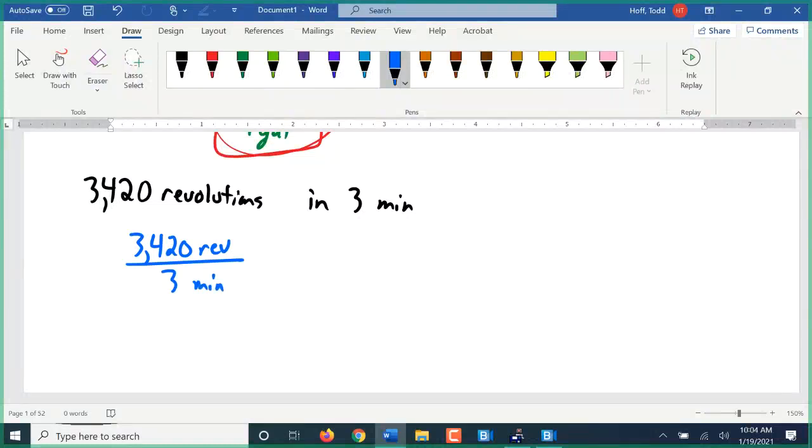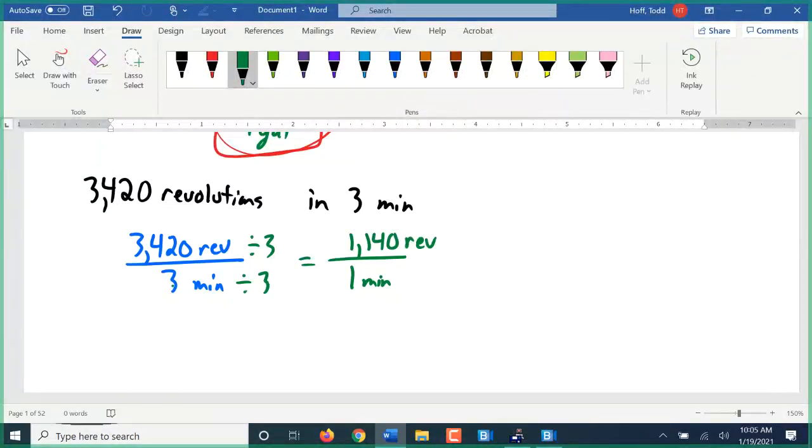We need to convert that into a unit rate. Divide by the number, not the unit, but just the number on the bottom, the 3. 3 minutes divided by 3 is just 1 minute. 3,420 divided by 3 is 1,140 revolutions.